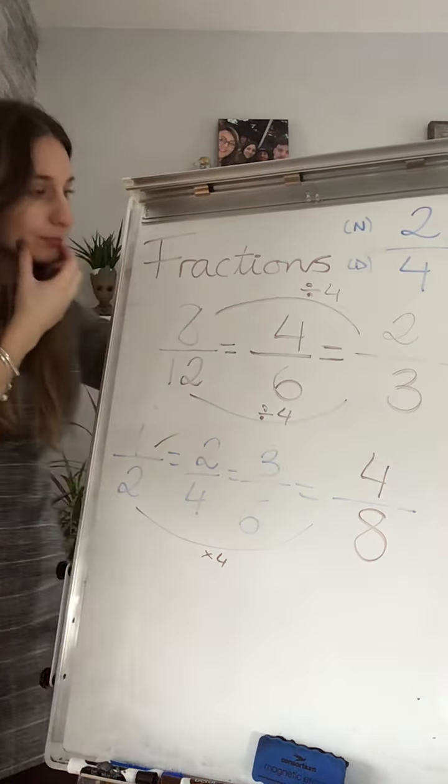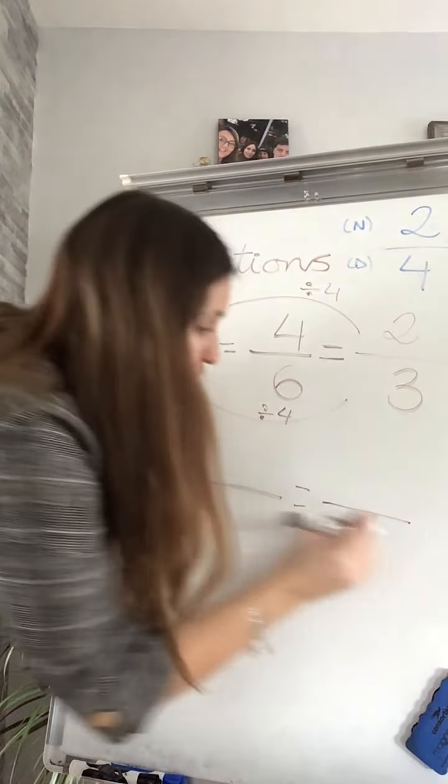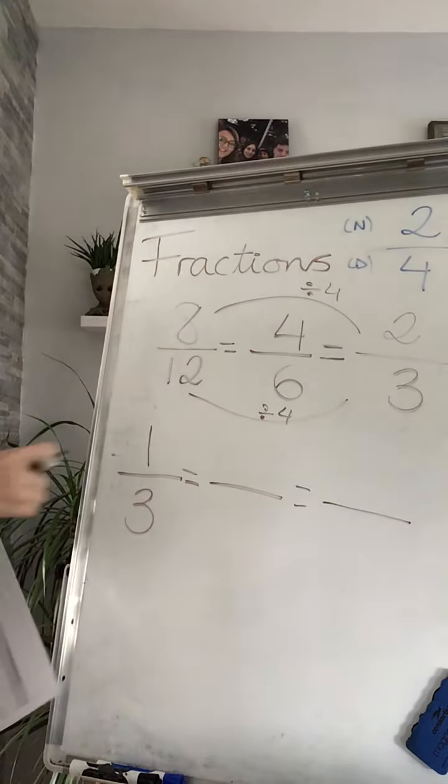Can you find, we're going to find the one for multiply. If I give you 1/3, can you find two equivalent fractions for 1/3? Okay, and you can use it by timesing.